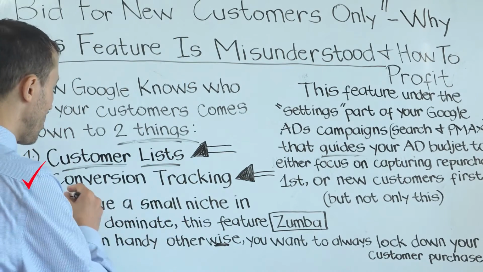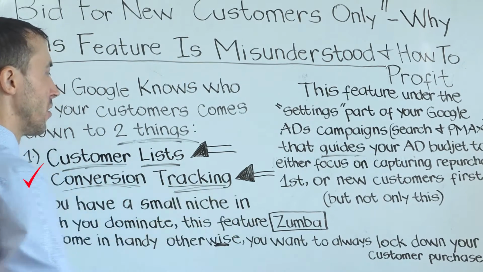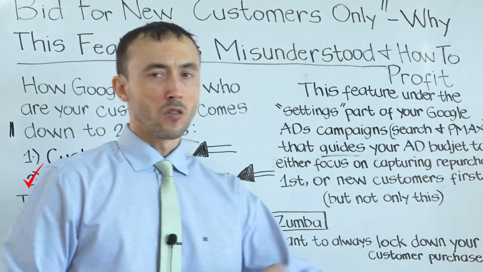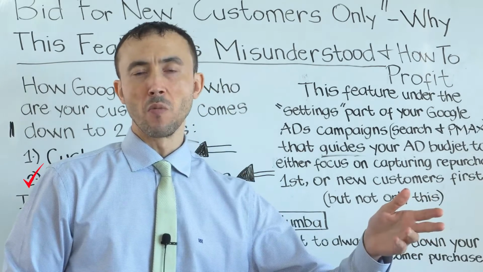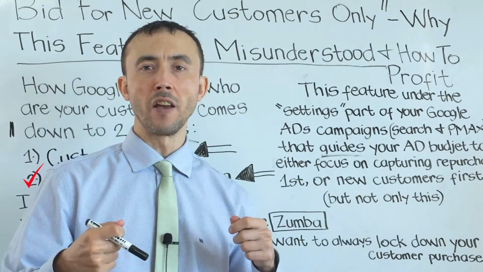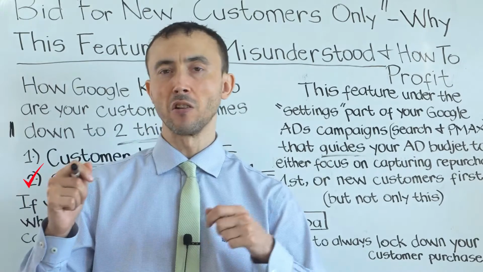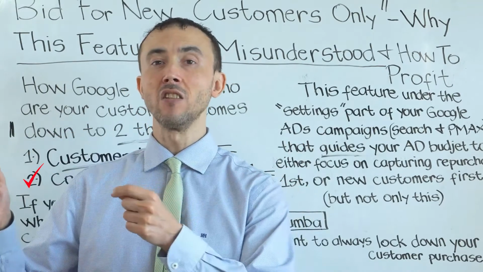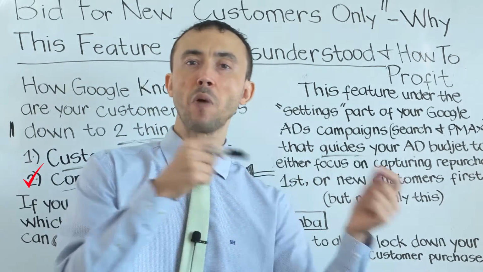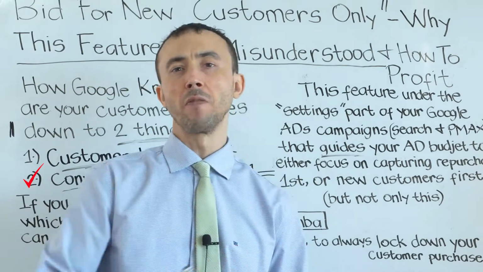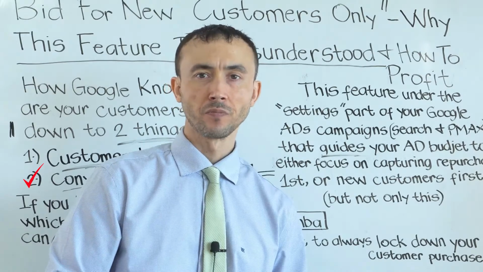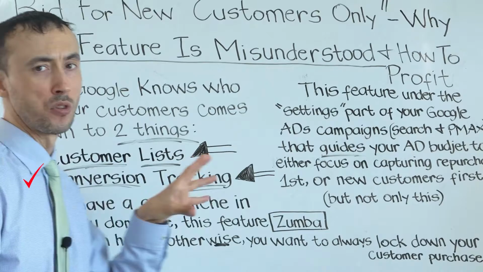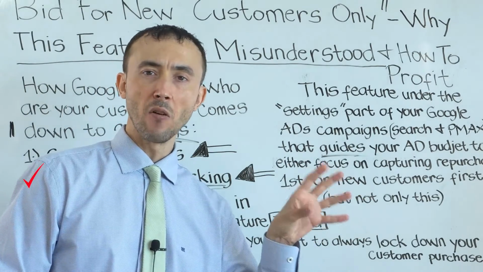Or they'll do this through your conversion tracking that you have set up to track customers, whether that be people going through the shopping cart, or if you do offline conversion tracking and track sales that occur after you've generated a lead, and then that customer ended up buying, you passing that back to Google through the offline conversion tracking process. You also obviously will give Google the customer data of who's a customer and who's not.